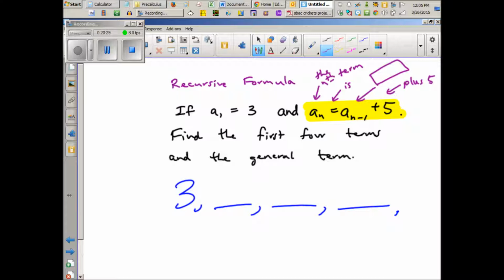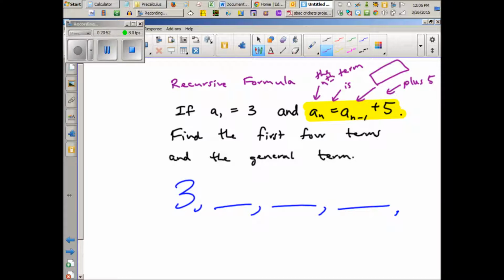So what does it mean? A sub n minus 1. What does that mean? So this would be like A100 would be A99 plus 5. A15 would be A14 plus 5. So what is this thing? This is the previous term, see?